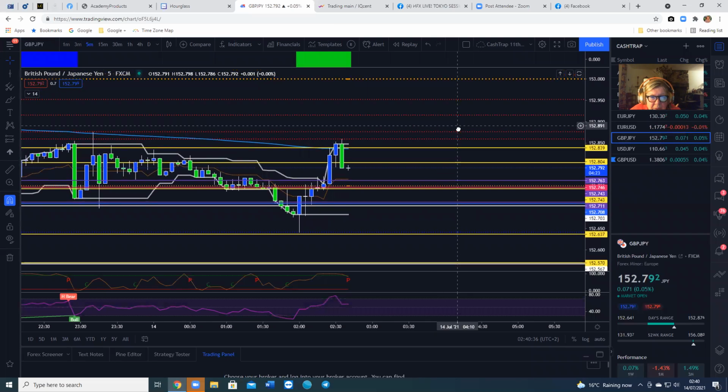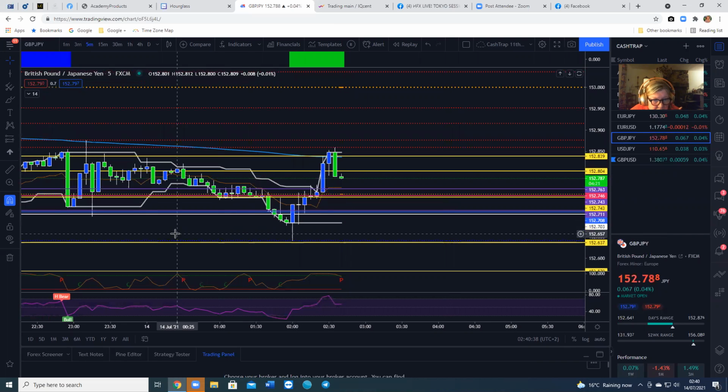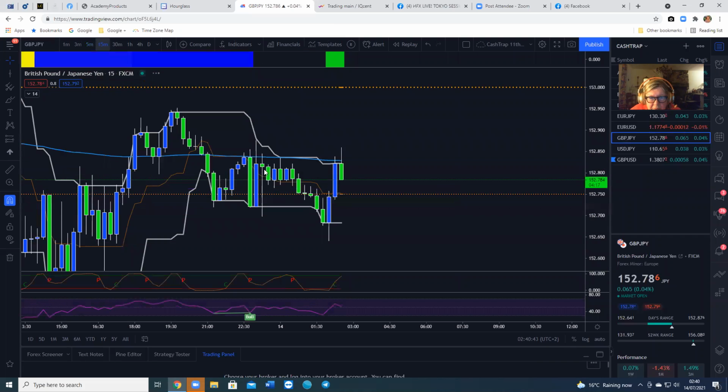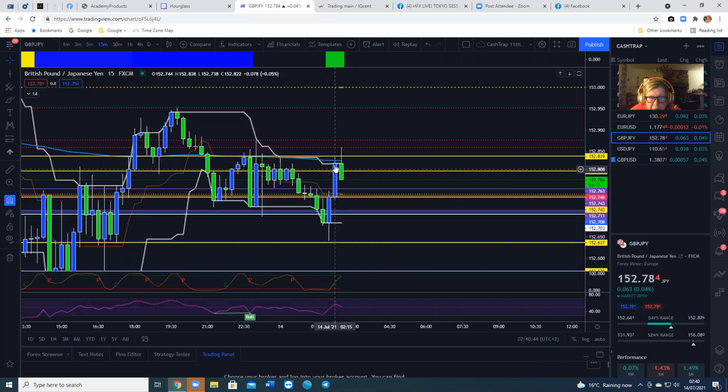Off the 5-minute. This is our 15-minute candles. So I've got a level down there at 763. So that has moved up during this session from where we started.